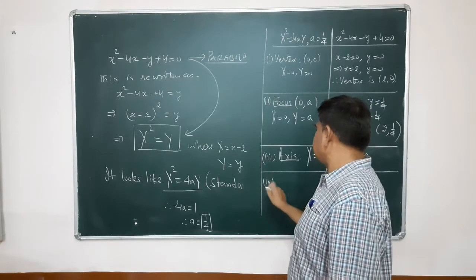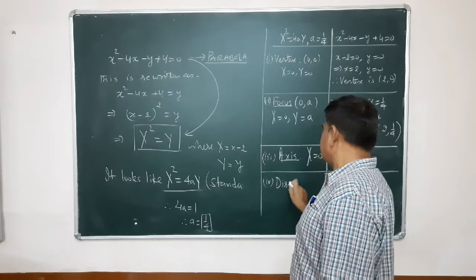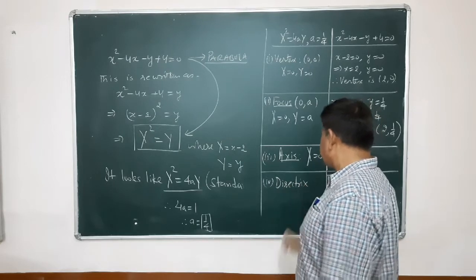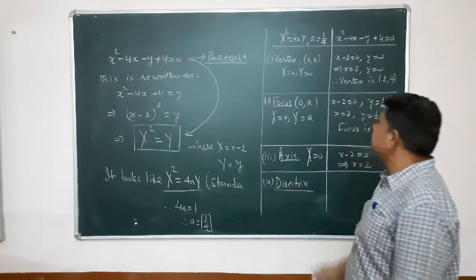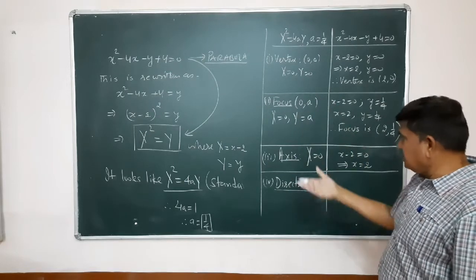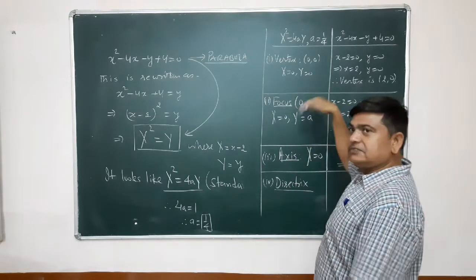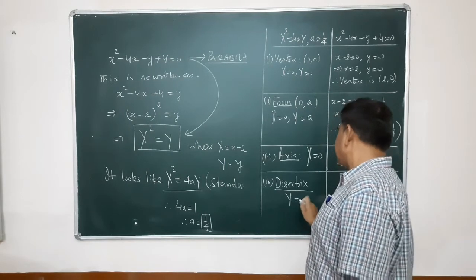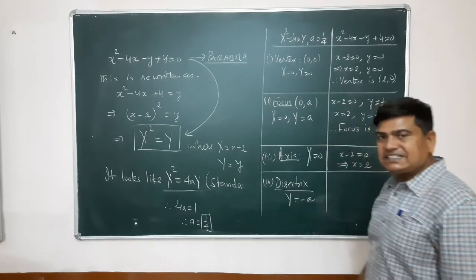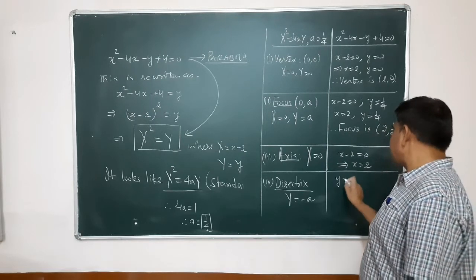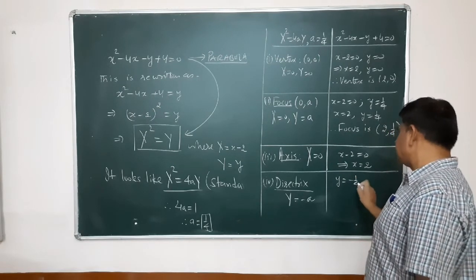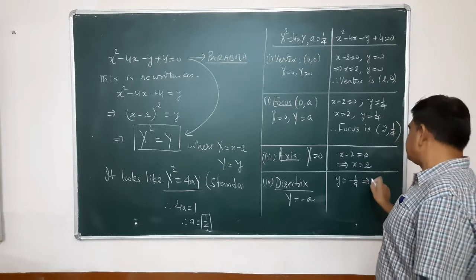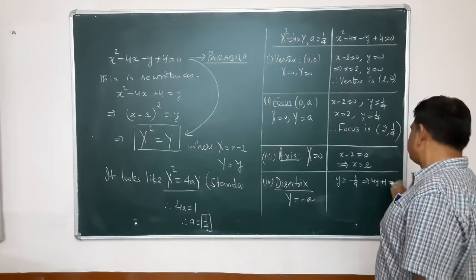Then fourth, directrix, below the x-axis. So Y equals minus a. Y means small y, minus 1 by 4. Or you can write 4y plus 1 equals 0.